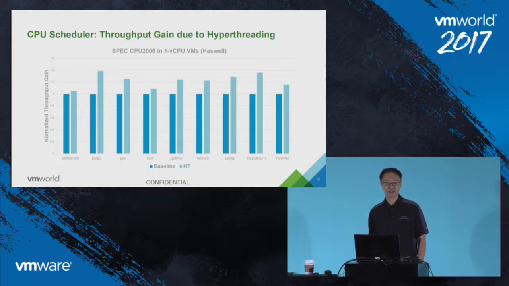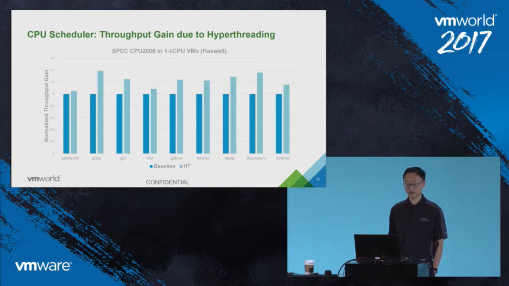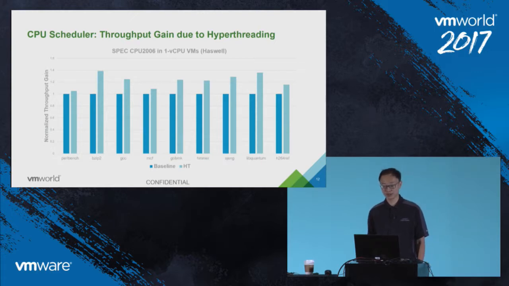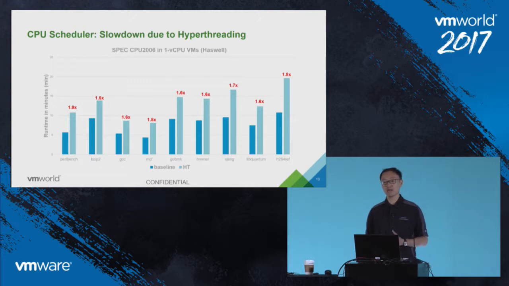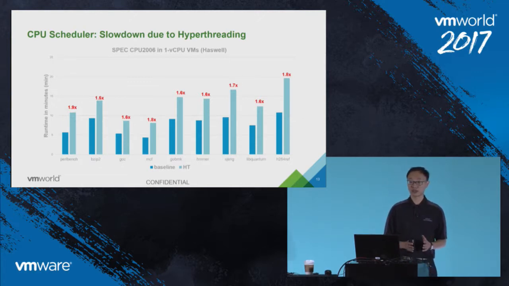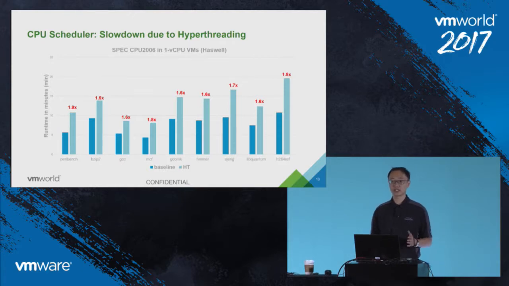But as we all know from life, nothing comes free. So what's the catch here? The catch is that with this hyperthreaded setup, each thread runs slower compared to the case when it has a dedicated core.